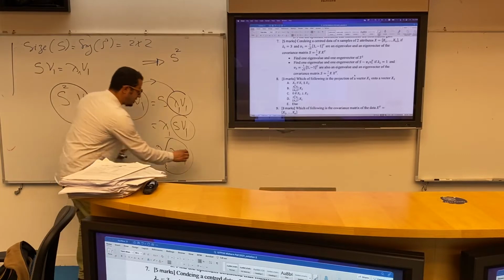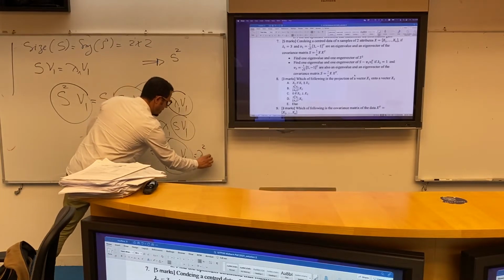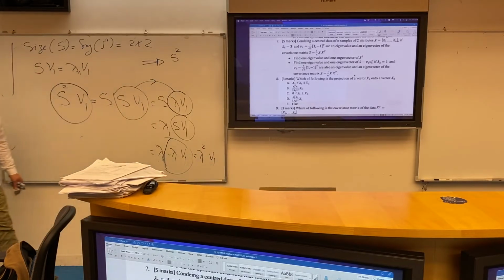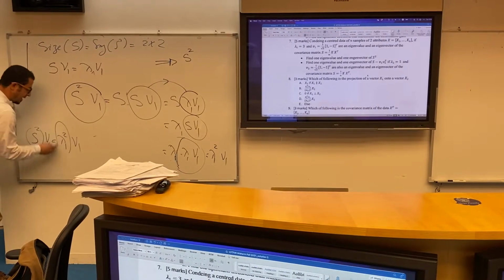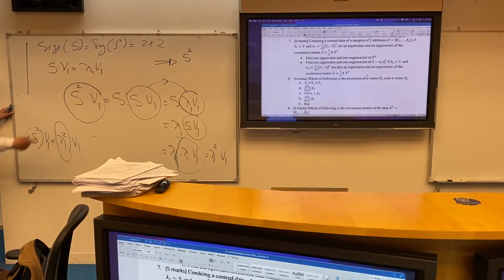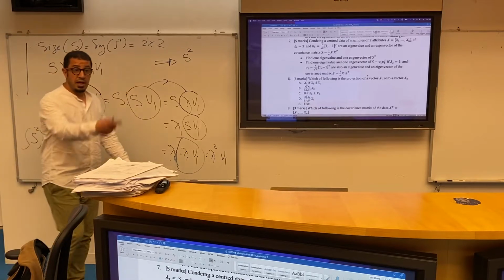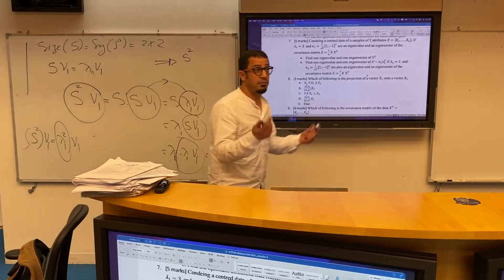At the end it is lambda 1 squared V1. So the conclusion: S squared, a matrix, times V1 is lambda squared V1. This is my eigenvalue, and V1 is the eigenvector. Lambda 1 you have, V1 you have, finish. Done.